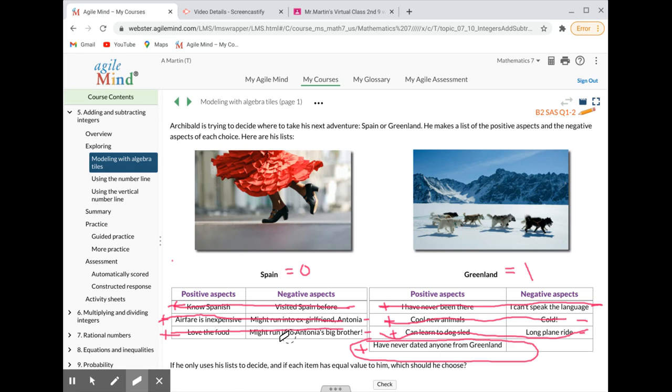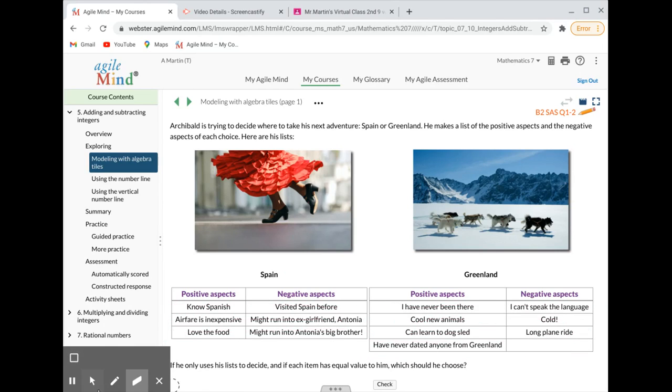All right. So we're going to move from this. And you should have been able to answer questions 1 and 2 on page 137. Now, the way that you could have done that is you could have drawn 4 squares to represent positive numbers and 4 squares to represent negative numbers.